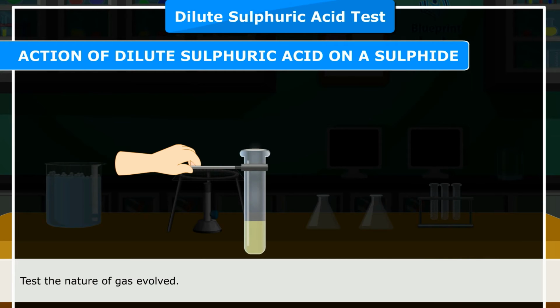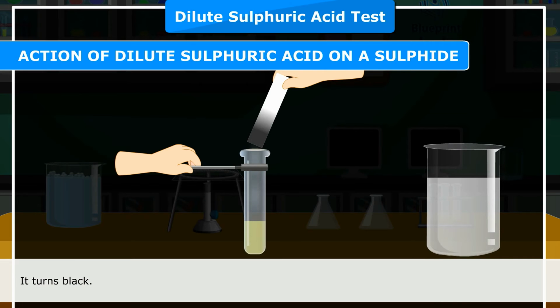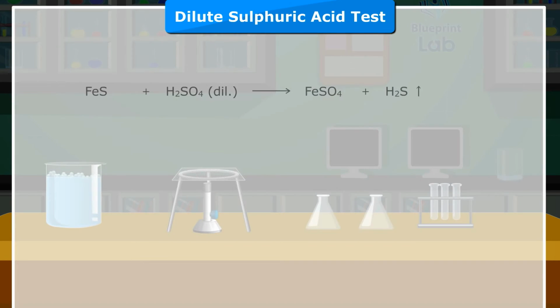Test the nature of the gas evolved. Bring a filter paper strip soaked in lead acetate solution close to the mouth of the test tube. It turns black. This confirms that the gas is hydrogen sulfide. Thus, the given substance is a sulfide.